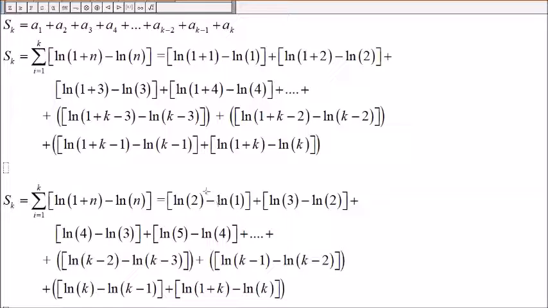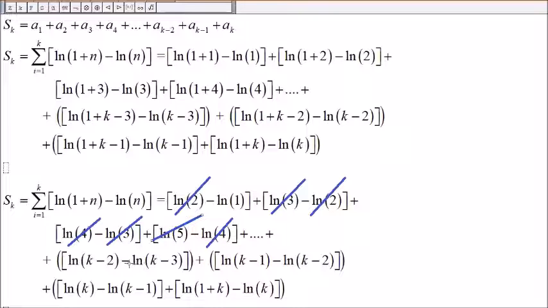Now we can see that the natural log of 2 minus the natural log of 2 is 0. Then the natural log of 3 minus the natural log of 3, and the natural log of 4 minus the natural log of 4. If we go to the next term, this will also get cancelled out.